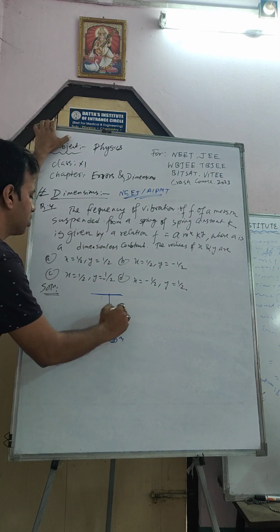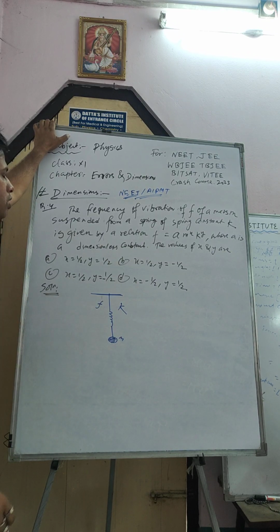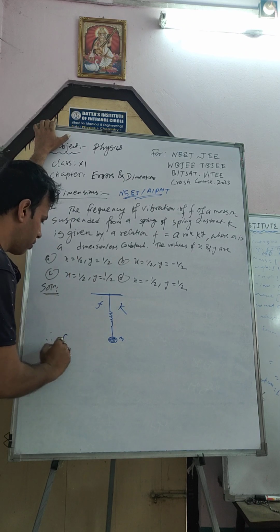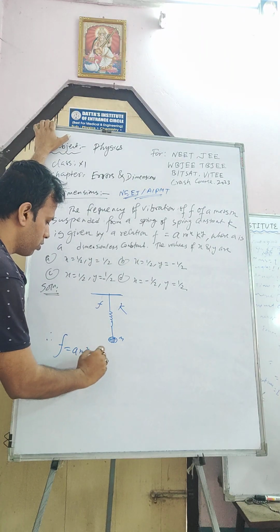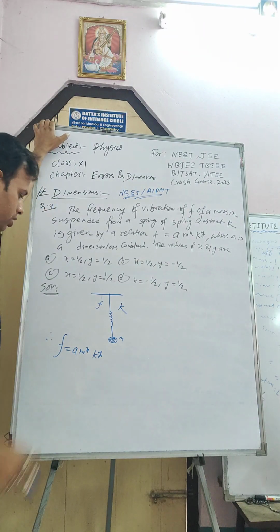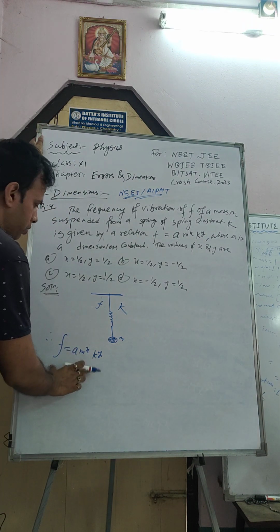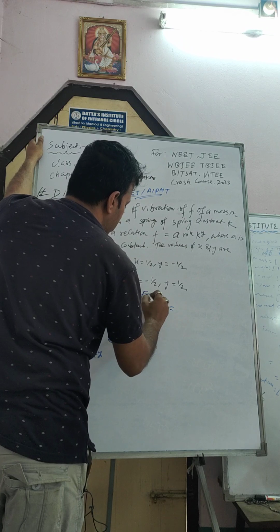Okay, frequency is f. The relation is f equal to a m to the power x k to the power y. A is dimensionless, so the dimension of a will be 1. So you put the dimensions of all of these.